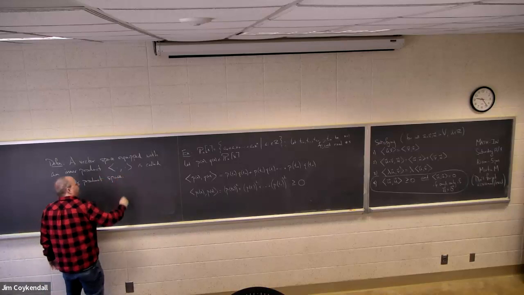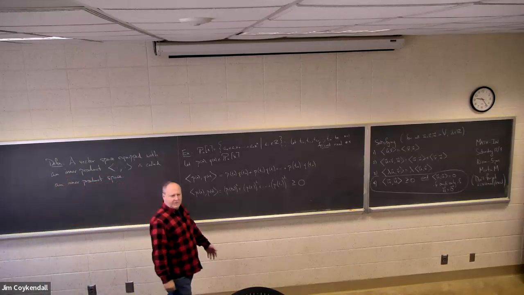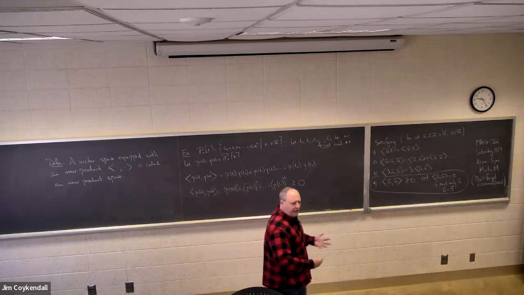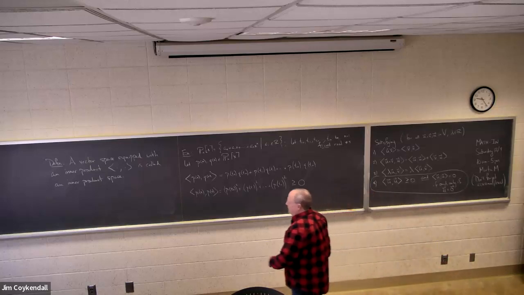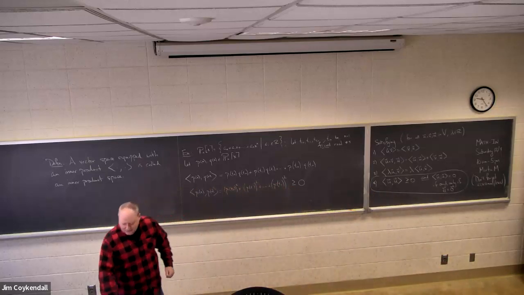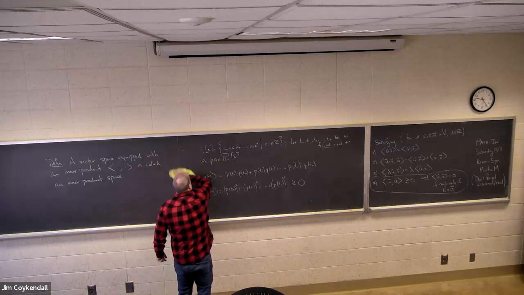So it's like a vector space, only it's got this extra structure to it. It's got this extra inner product on it. Every vector space we do in this class, we can equip with an inner product.